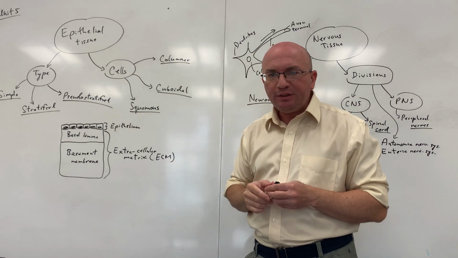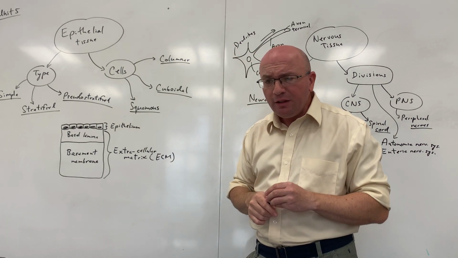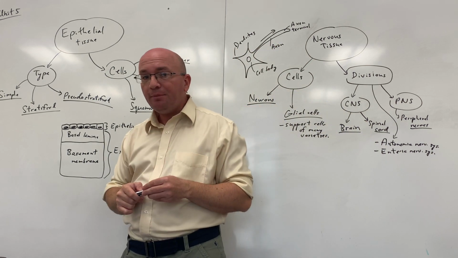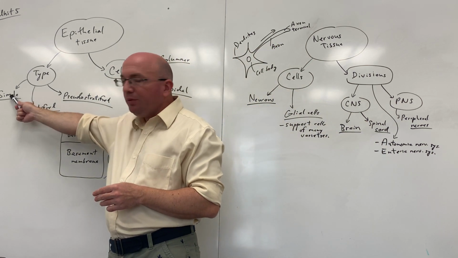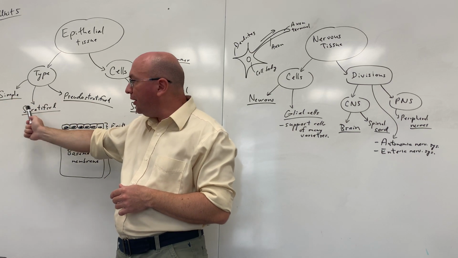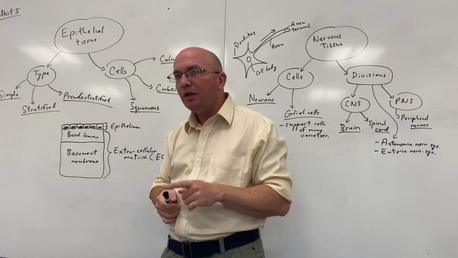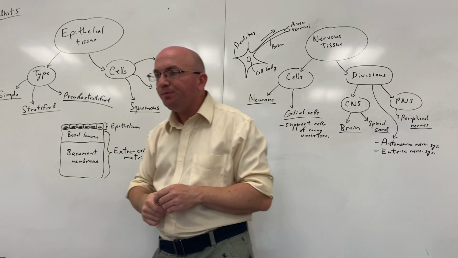Again, there are not that many examples of that in the body, other than in very specific areas that I'm going to mention later when we go over the examples. But essentially, when we have 1 layer, we have simple epithelium, more than 1 layer is stratified, and what looks like more than 1 layer but technically is 1 is pseudostratified.